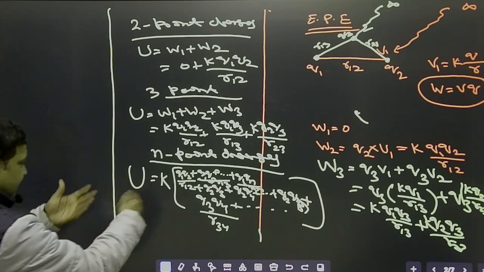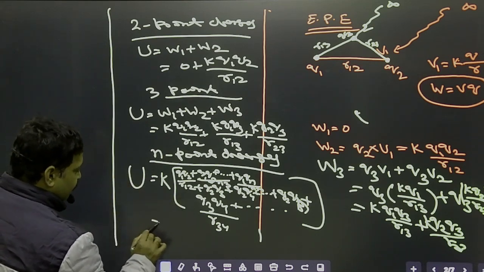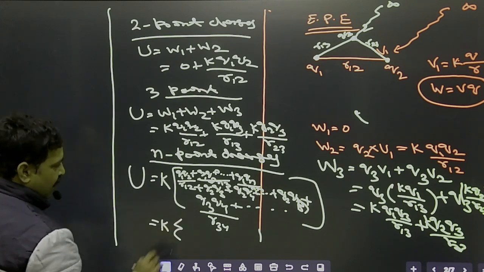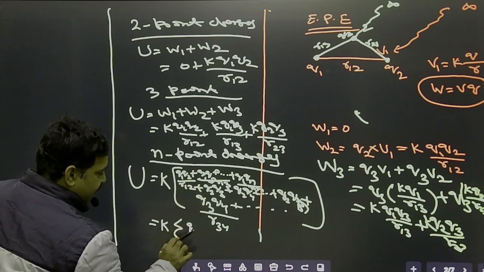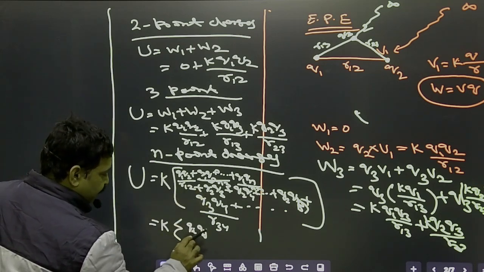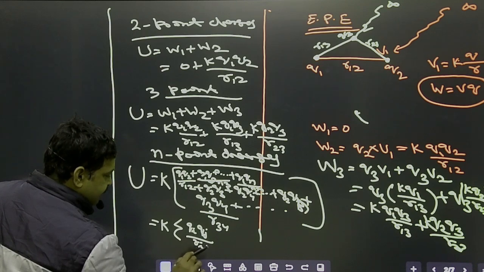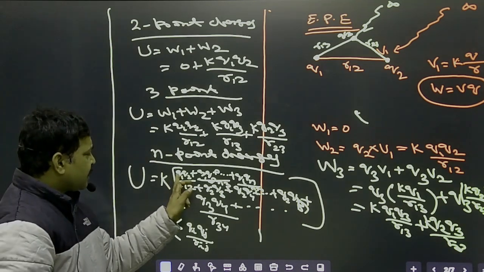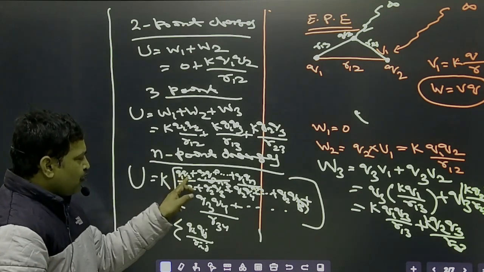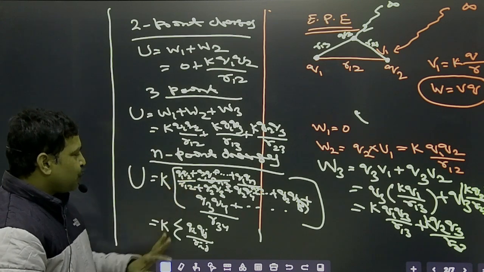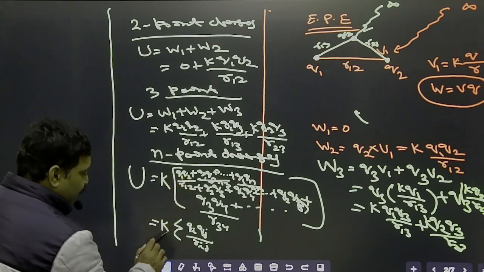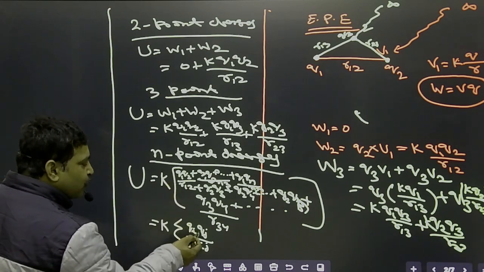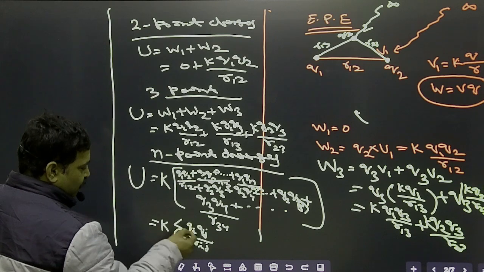In general terms we can write this as K times the summation of Qi Qj upon Rij. Suppose I take Q1 Q2, then I will not take Q2 Q1. If I put only the summation like this, then Q2 Q1 will also come and be summed up.